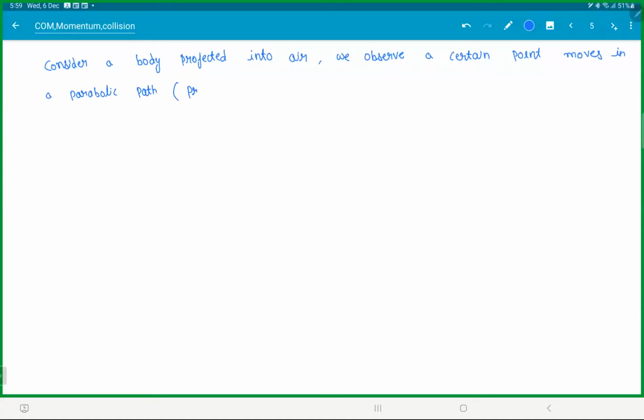Basically, it goes in projectile motion. Meaning everyone else is just rotating and going around, but there is this one particle which behaves as if it's a particle on point, and the remaining points rotate about this.